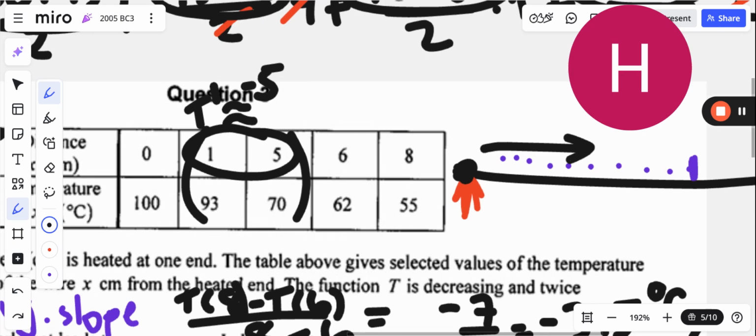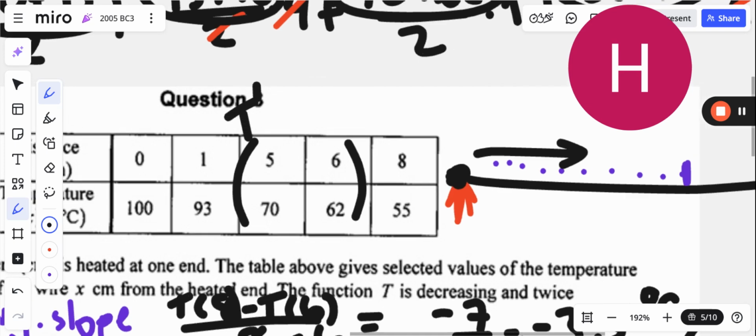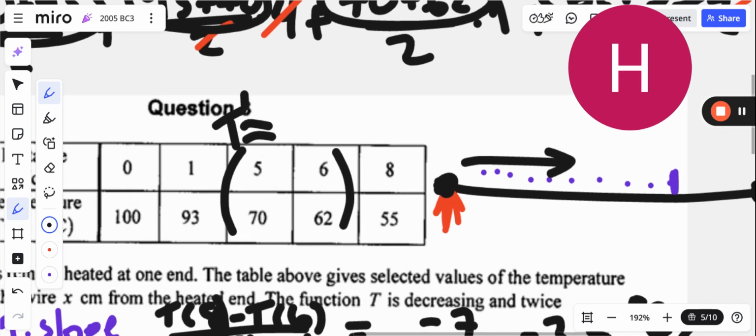Then on 5, 6, you should have these written down, by the way, these different T prime approximations. For 5, 6, T prime is approximately -8. And this is in degrees Celsius per centimeter.